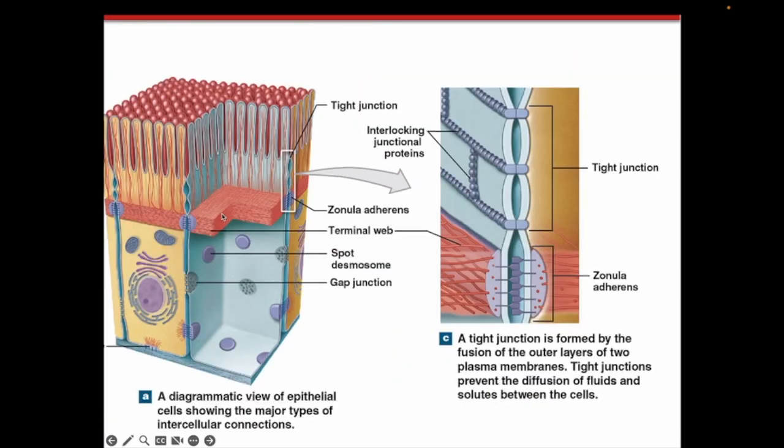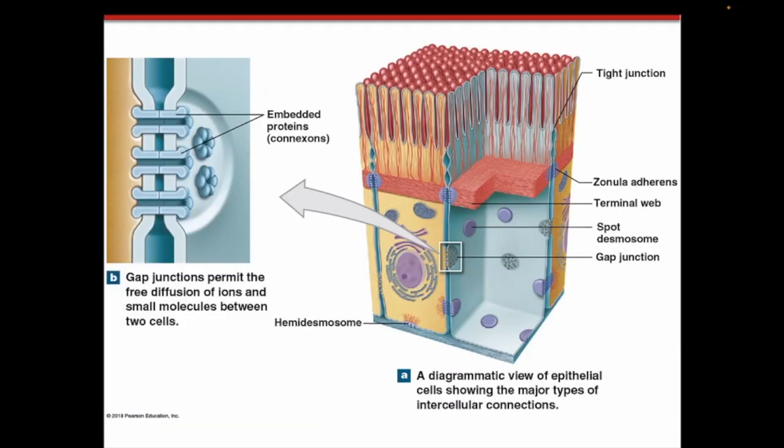The names also, again, I'm not going to make this into a lecture, otherwise it's going to be too repetitive. But tight, see the word tight, if it tells you something about what the cells are. Gap, the word gap allows you to understand there are passages, there are gaps.